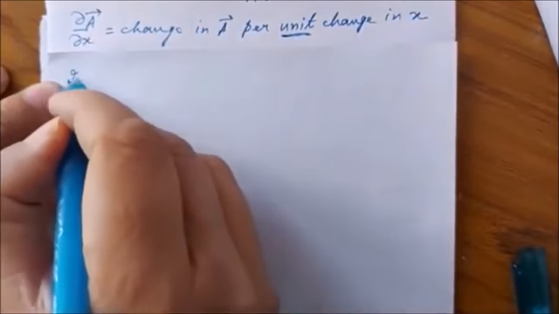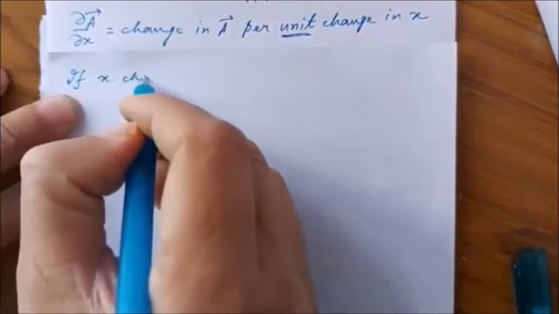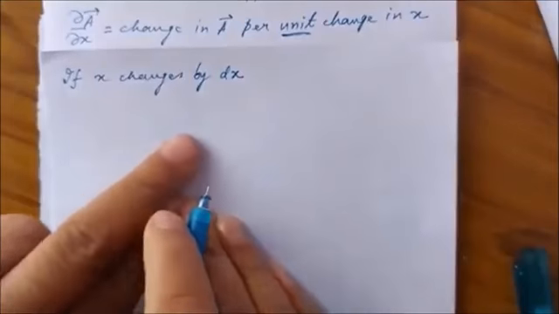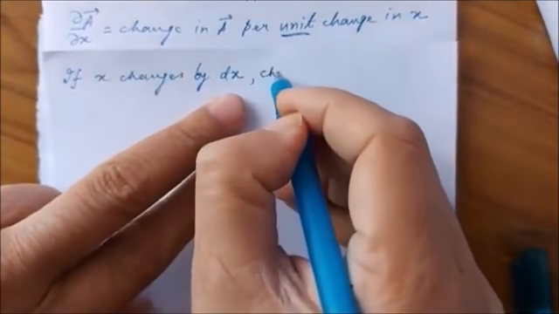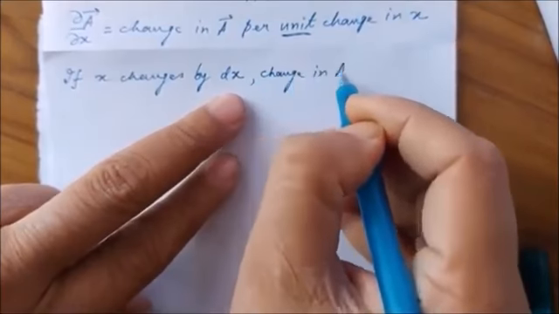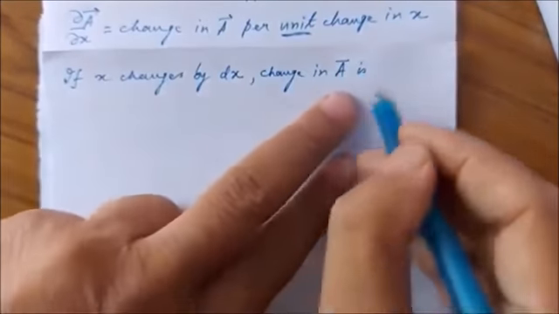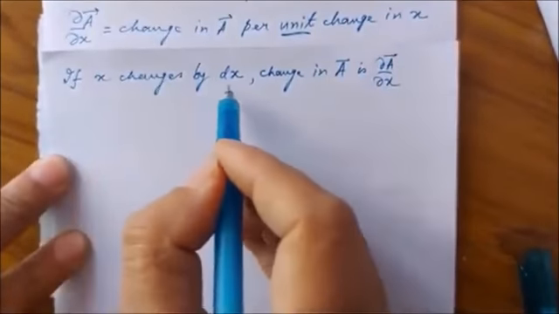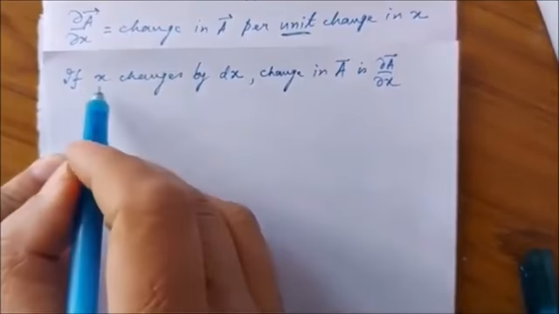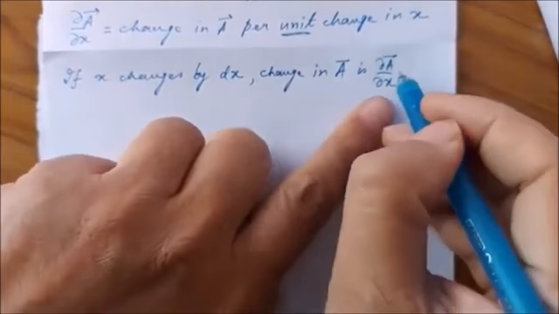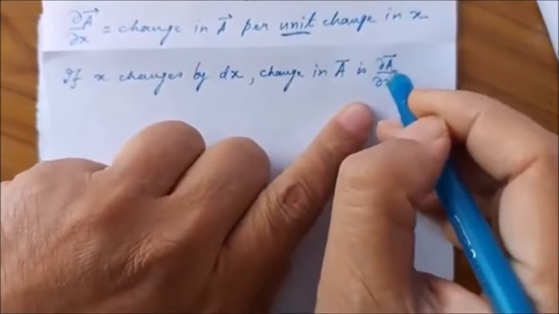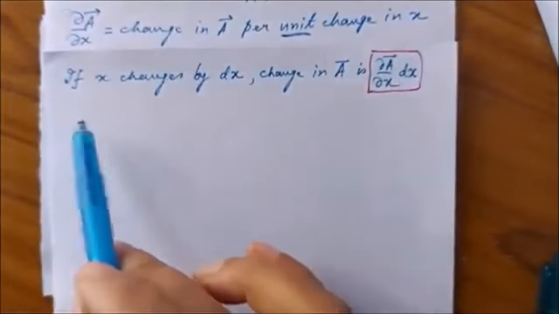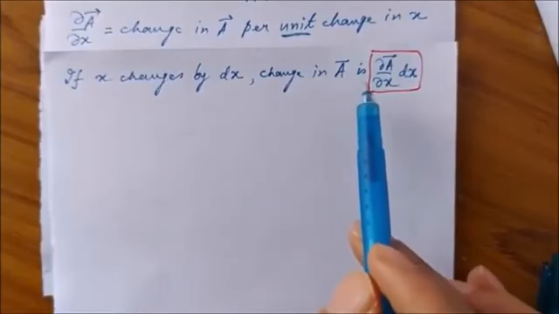So if x changes by say dx, then what will be the change in A? Then change in A is, for unit change, the change in A is del A del x. So for a change of dx in x, A will change by an amount del A del x into dx. And in our calculation, y and z were held fixed.